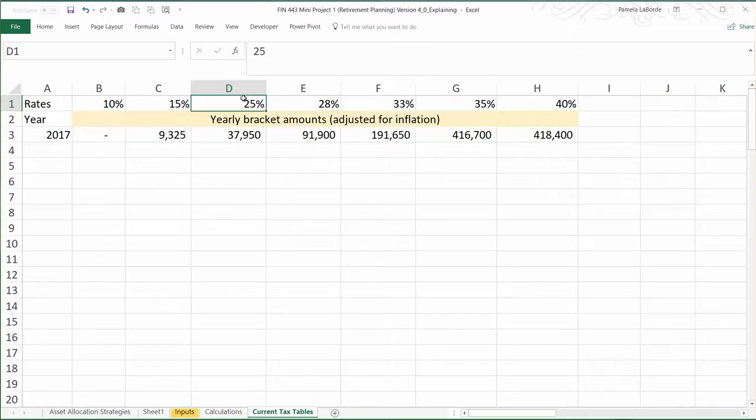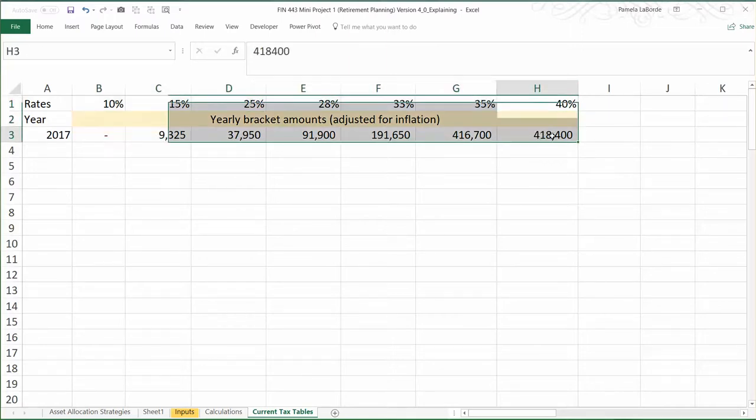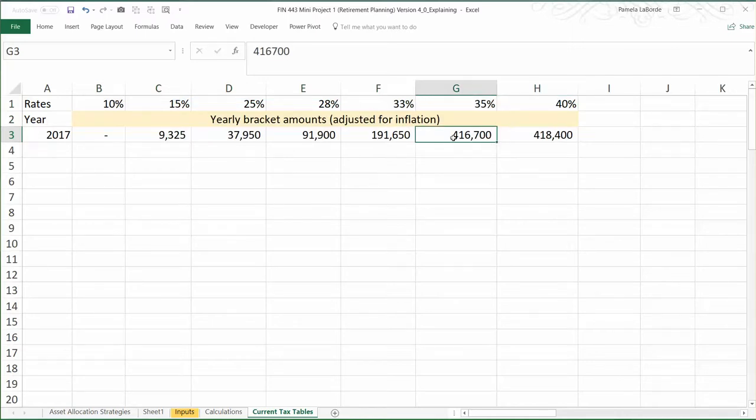So essentially, any money over 418,400 will be taxed at 40%. Any money over 416,700 and between 418,400 will be taxed at 45%. So any money between these two brackets will be taxed at 10%. Between these two brackets, taxed at 15%, and so on.